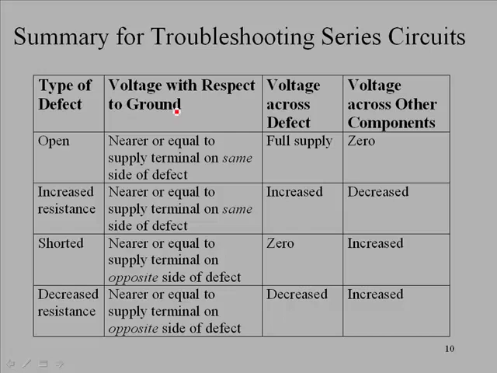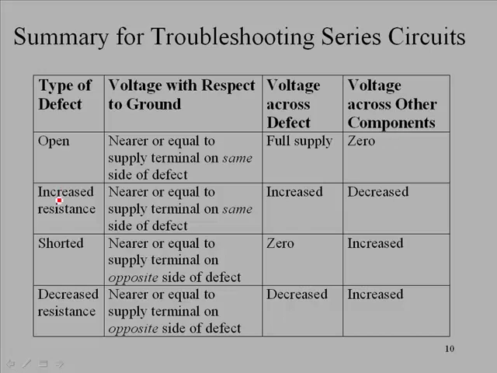You put a voltmeter into the circuit, measuring across that component with respect to ground. Near or equal to the supply terminal on the same side of the defect. So in this case, measuring across that open, you would typically see the supply voltage because there's no current drop in the circuit. The voltage across the defect, the full supply. The voltage across other components, zero, because remember, with an open there is no current, and if there is no current, there will be no voltage.